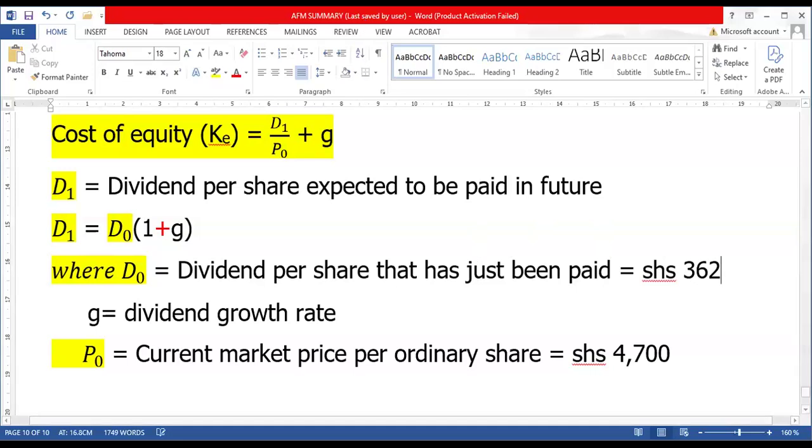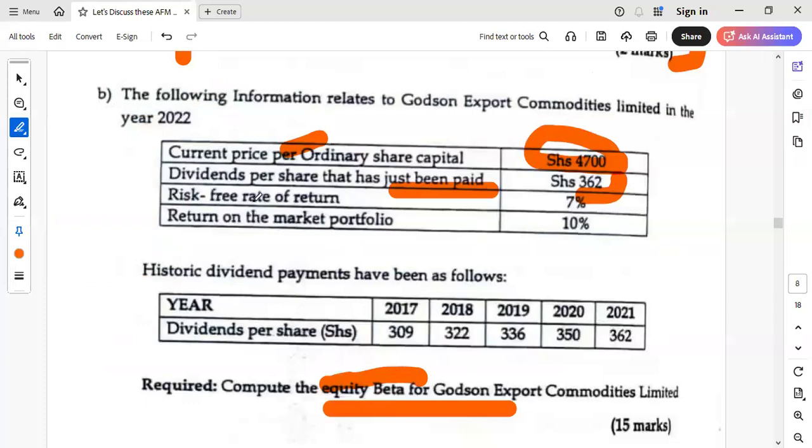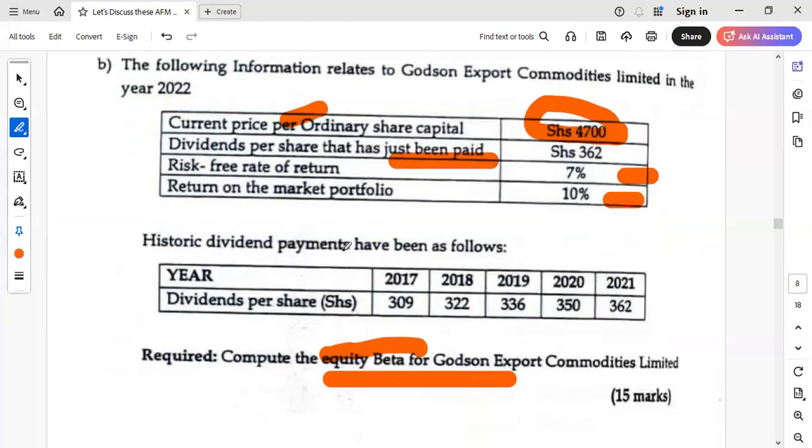Then what else? We have the risk-free rate, RF. We have RM. Historical dividend payments have been as follows.